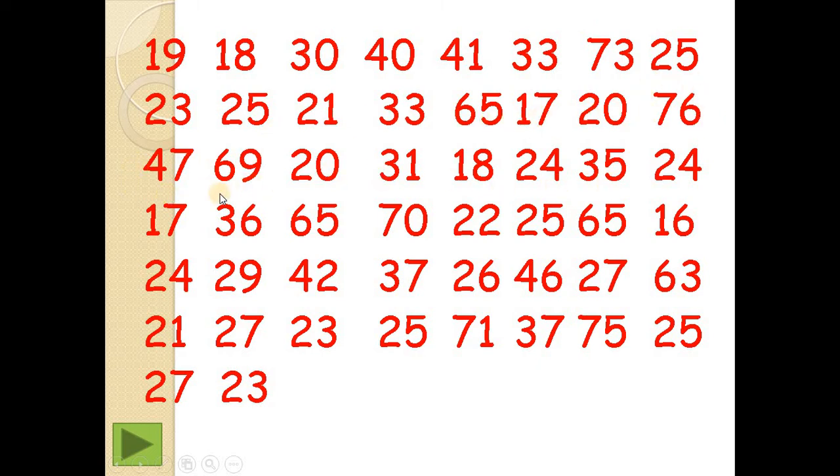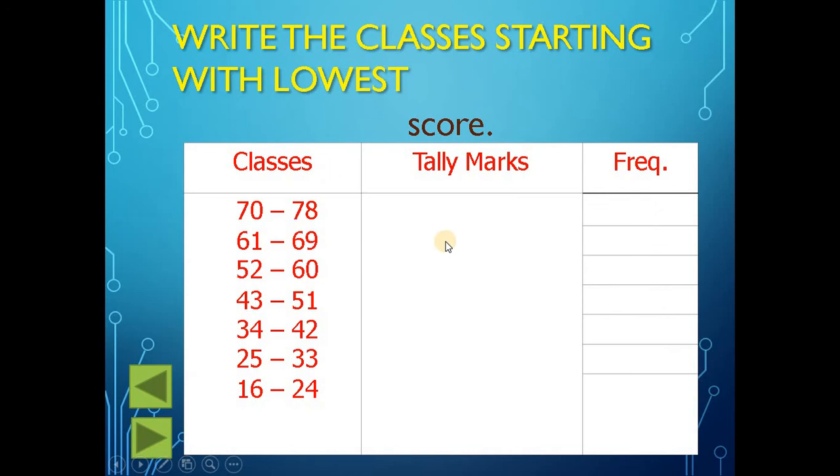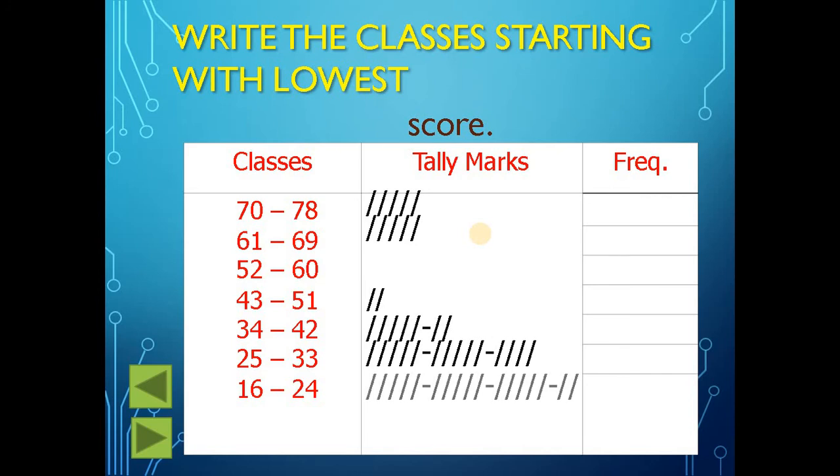Number 3 is 70. Number 4 is 71, and number 5, 75, and no more. So from 70 to 78, we have only 5 tally. Then we continue from 61 to 69, 52 to 60, and we get these tally marks.